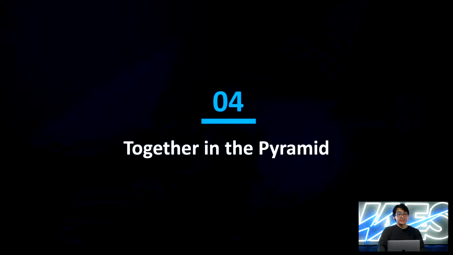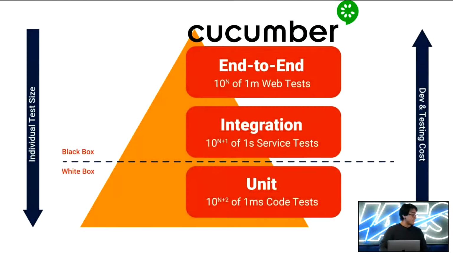And now we're going to take a look at the test pyramid. So as you can see, this is a concept of a test pyramid, which says a little bit about how your application should be tested. Where there should exist the most number of tests is in the base, which are the unit tests.